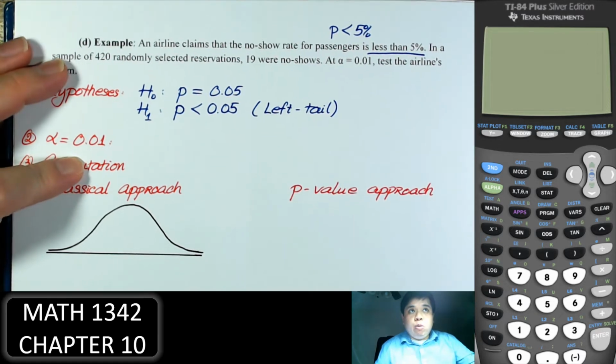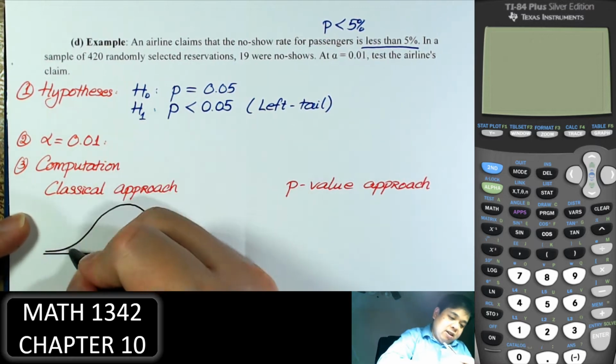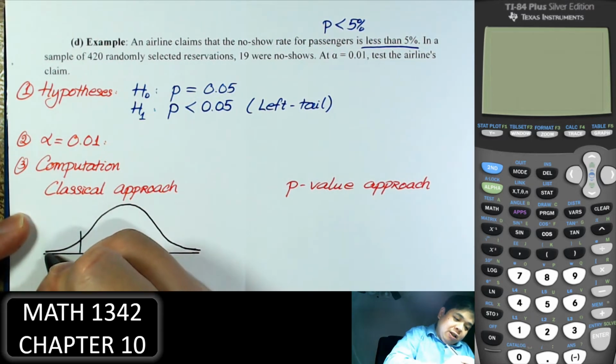Right, alpha 0.01, this is on the left tail. What does that mean? That means the alpha will be on the left.